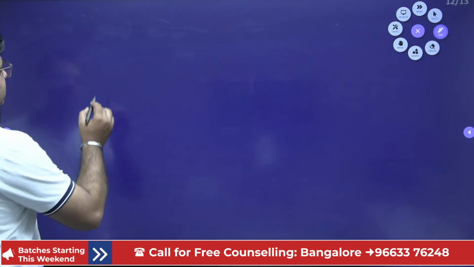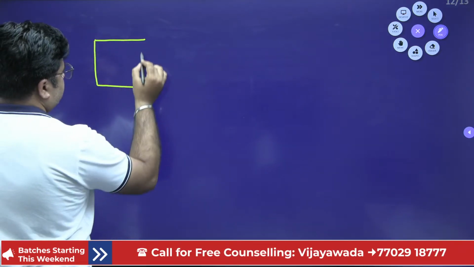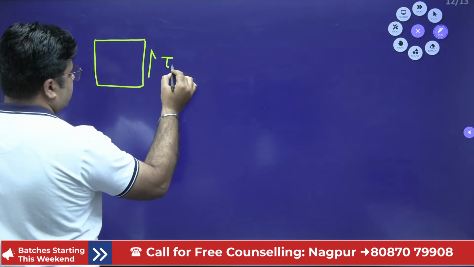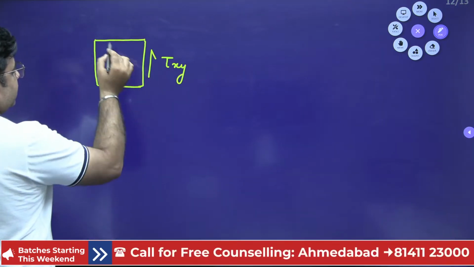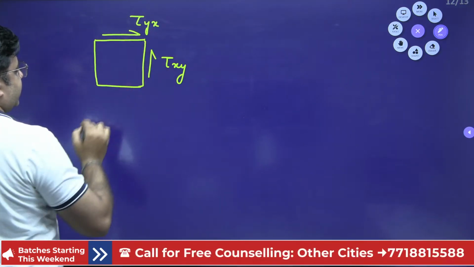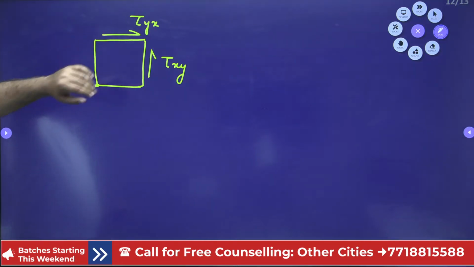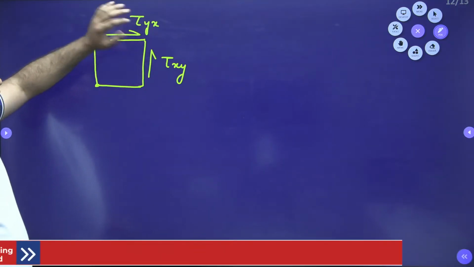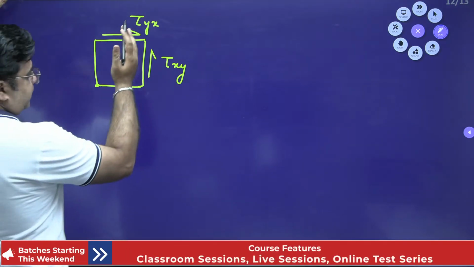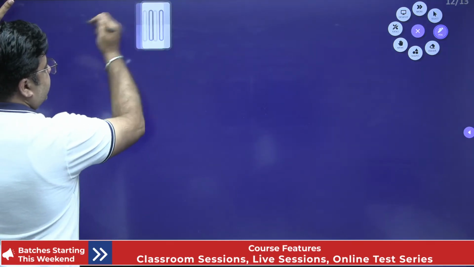So consider this plane over which shear stress is acting, right? This is tau xy which is acting, and this is also tau yx which is acting, right? Consider this plane for which these two stresses are acting. Now, if you look into this plane, I'll draw one 3D diagram, that will be better.